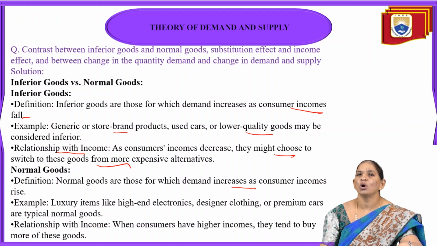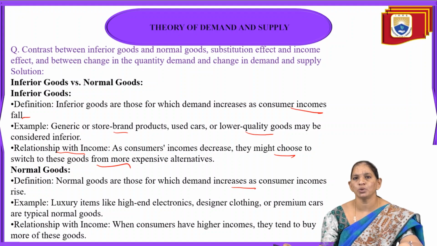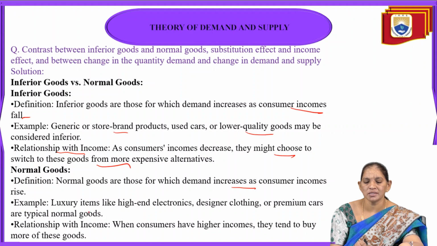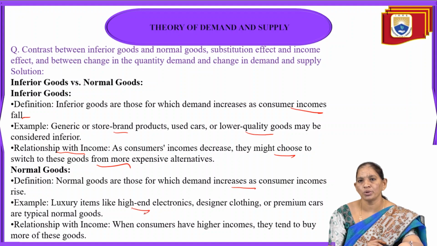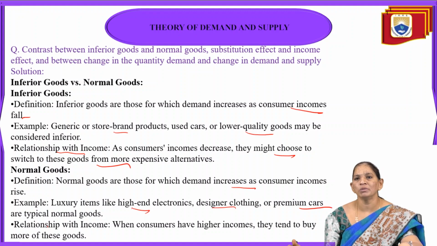It is quite opposite to the inferior goods, as the demand is for normally everyday utilization goods, these are required goods. Once the income increases, the demand also increases. Examples are high demand electronic items, designer clothing, premium cars, or typically normally utilized goods.